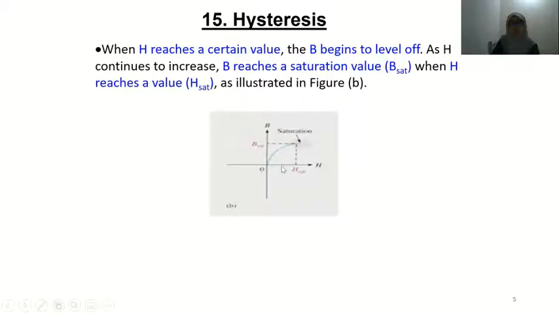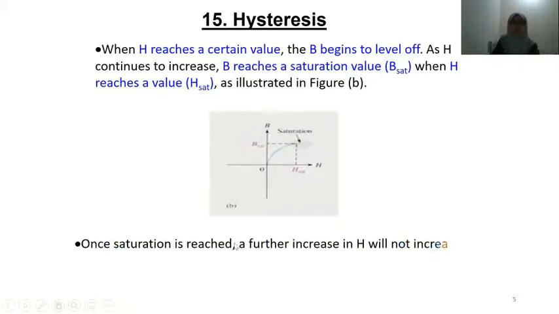H increases until B begins to level off, and B follows to increase until H reaches the saturation value. B reaches a saturation value when H also reaches a saturation value. That is what is shown in this figure here.